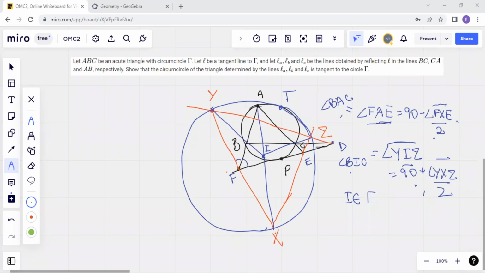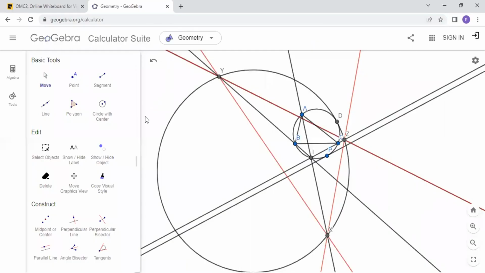Can you go to the GeoGebra diagram once? Okay, sure. I was talking while muted. Can you hide the lines AX, BY, CZ?